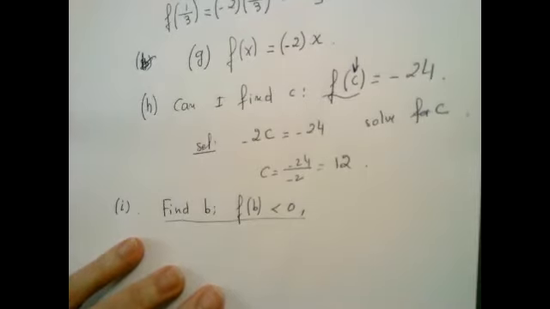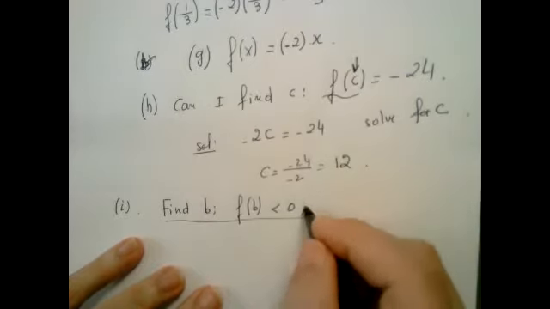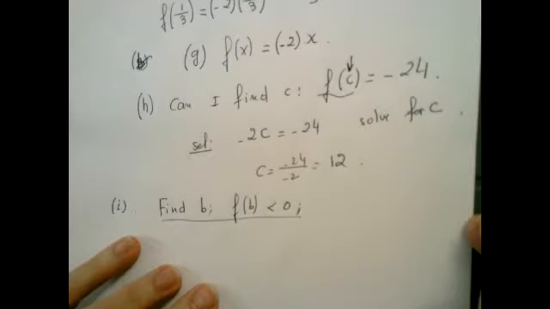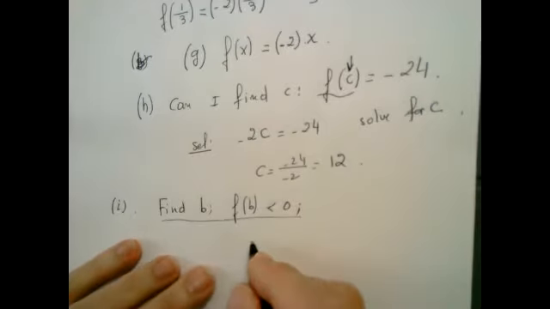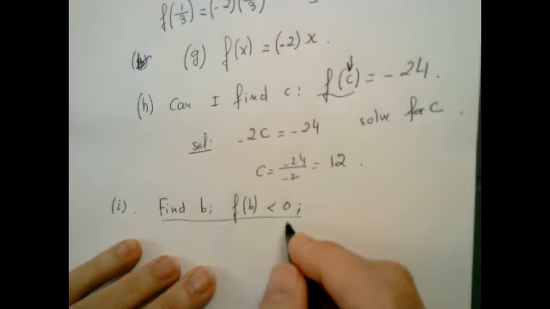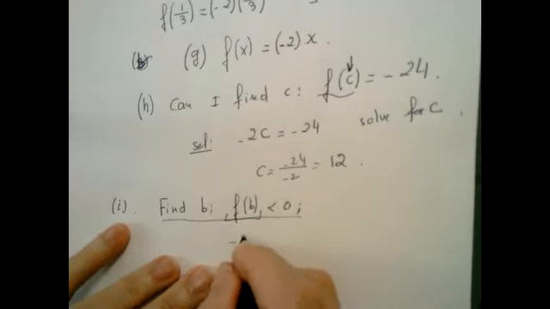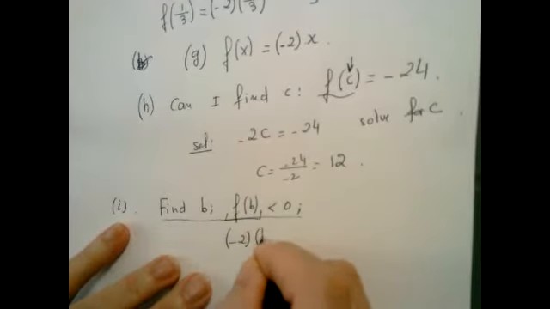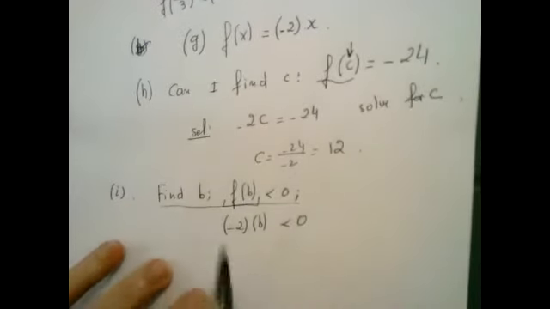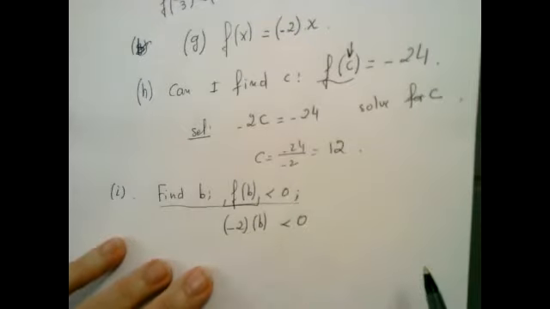Are there a lot of them? Quickly. Okay, who can give me a B such that F of B is negative? Won't any positive number make it negative? Right, any positive number, because what is F of B? It's minus 2 times B. So the question is, can you give me a B such that minus 2 times B is negative?